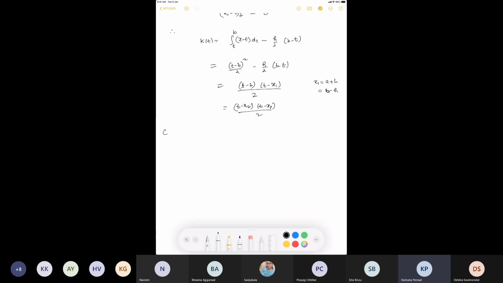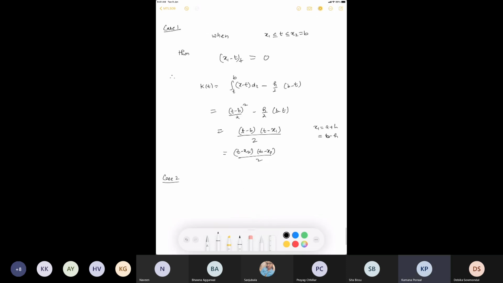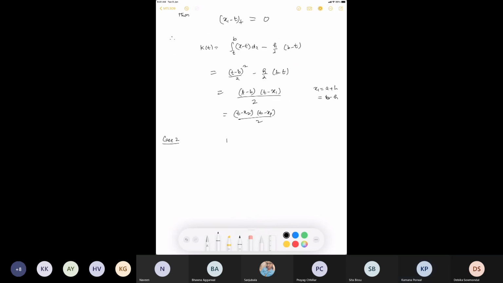Okay, so now let's see the case when t lies in the interval x0 to x1, where x0 is a here, and this is x1.